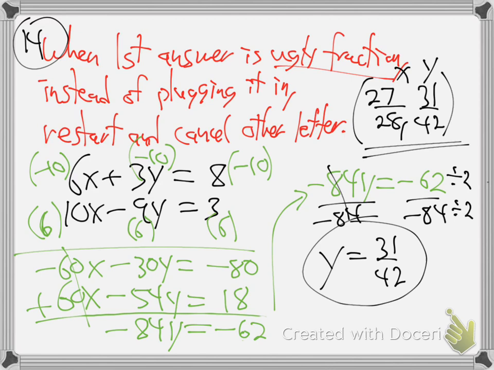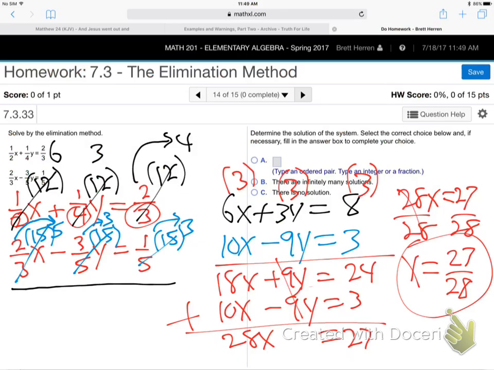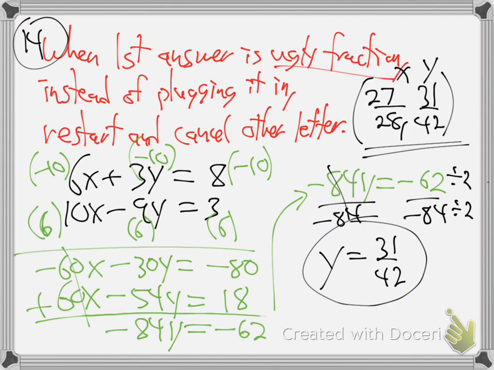Is that okay? A lot of new wrinkles in that. In the beginning, it started with fractions, and we got rid of the fractions by calling the hitman LCD, top and bottom. And then we just did our normal thing. We made the y's opposites, got x, but it was an awful fraction. We thought, we don't want to plug that in. So let's instead restart. Then we restarted back to the 6x, 3y, and said, now let's make the x's opposites instead of the y's.